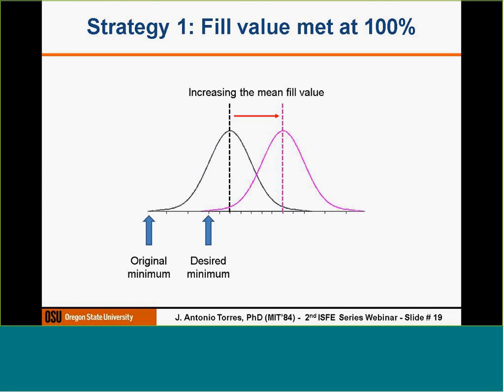So what if the value goes to minimum, which we want to graph. So we move this original minimum to a minimum of 100 grams to meet the contract with 100% confidence.